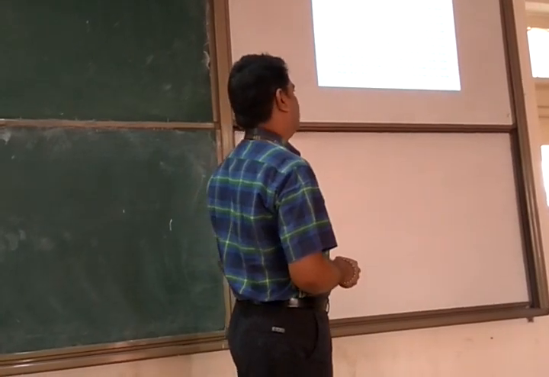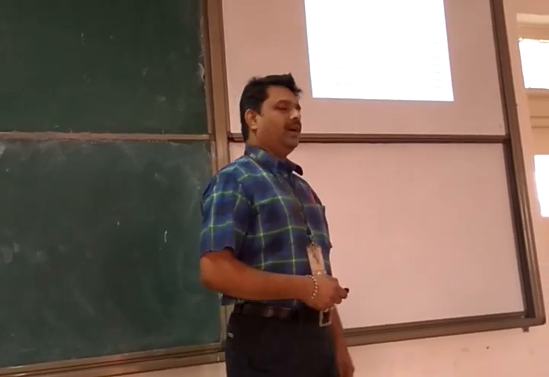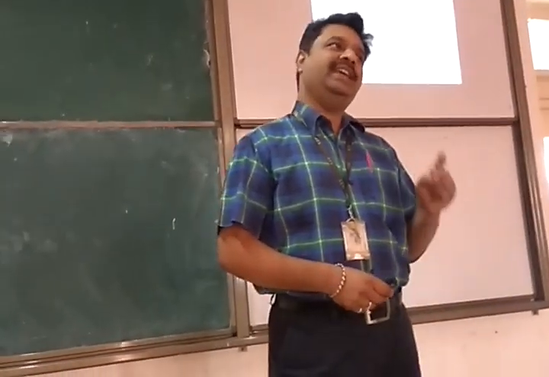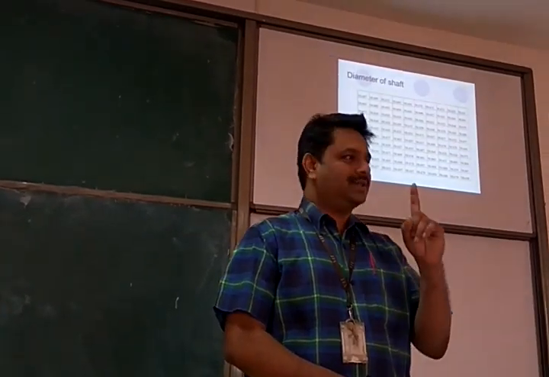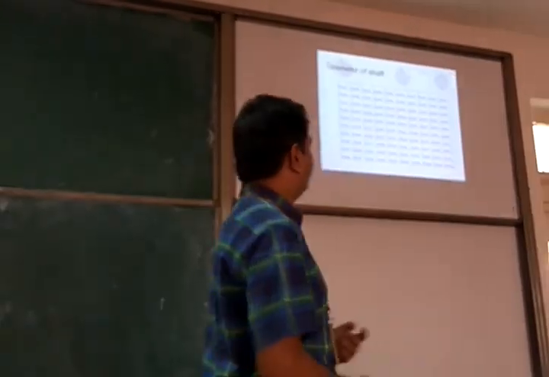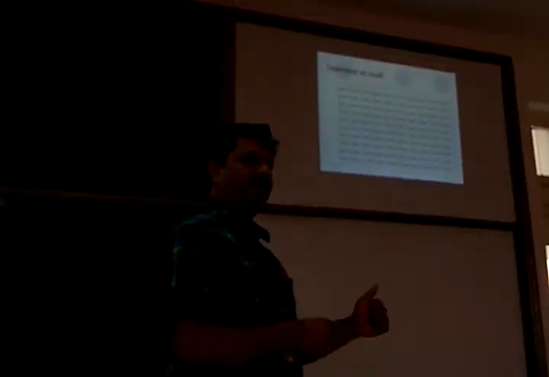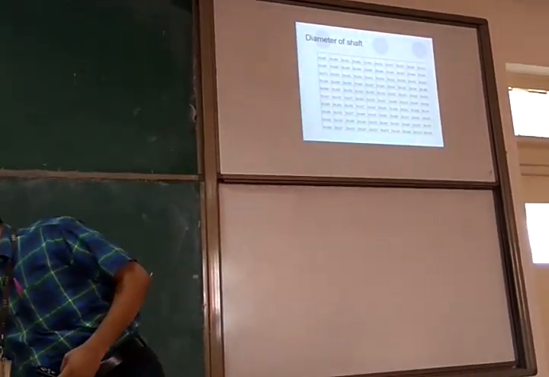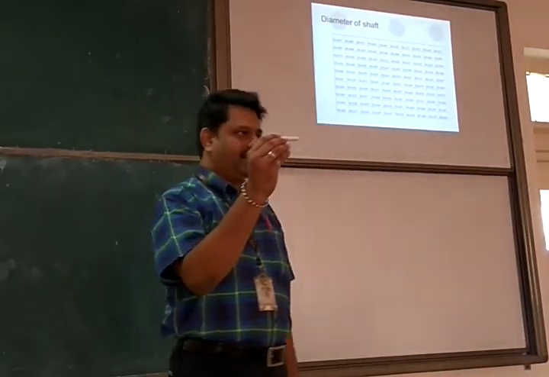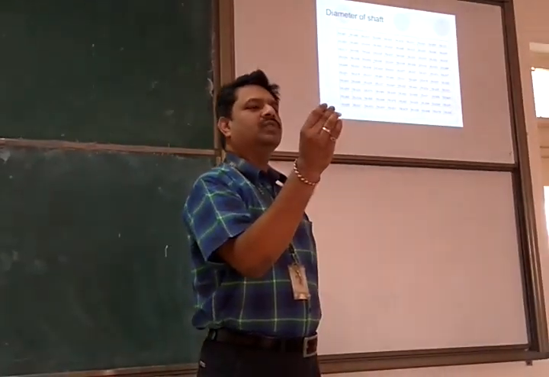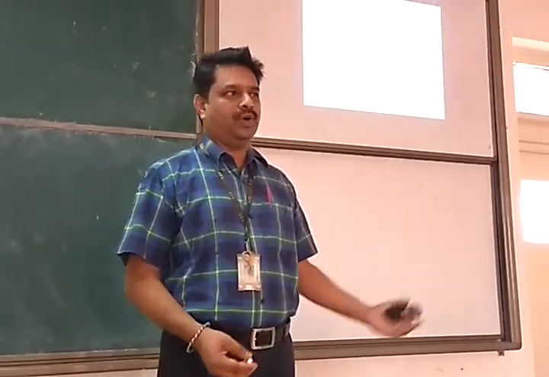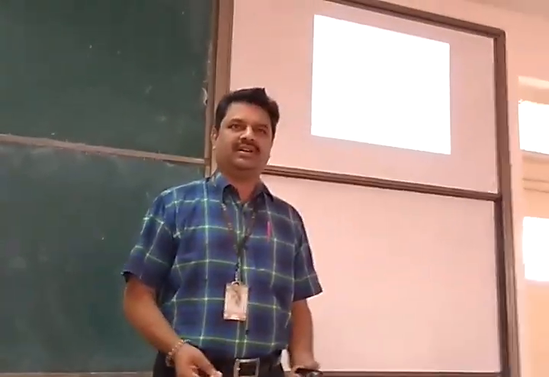When we get the readings like this, what is meant by measurement? Measurement is the process of assigning a number to a physical parameter. A number means one number. Whereas every time I measure the diameter of the shaft, if somebody asks you what is the diameter of the shaft, let's say it is perfectly cylindrical, typically turned in a lathe, the best of the lathes that you can think of.